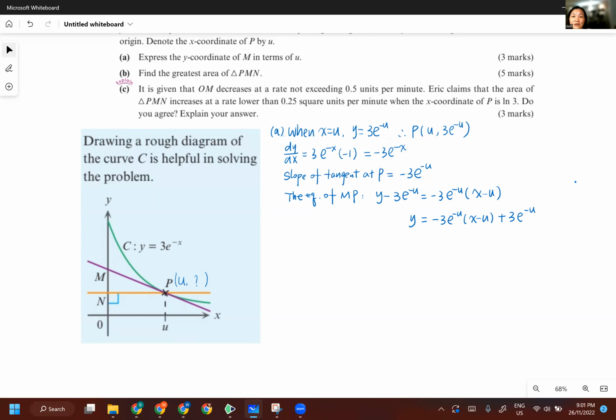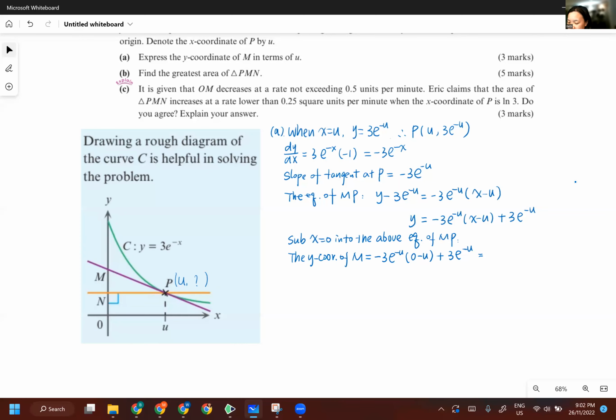I only need to find the coordinates of M. So substitute x equals 0 into the above equation of MP. We find the y-coordinate of M is equal to negative 3e^(-u)(0 minus u) plus 3e^(-u).